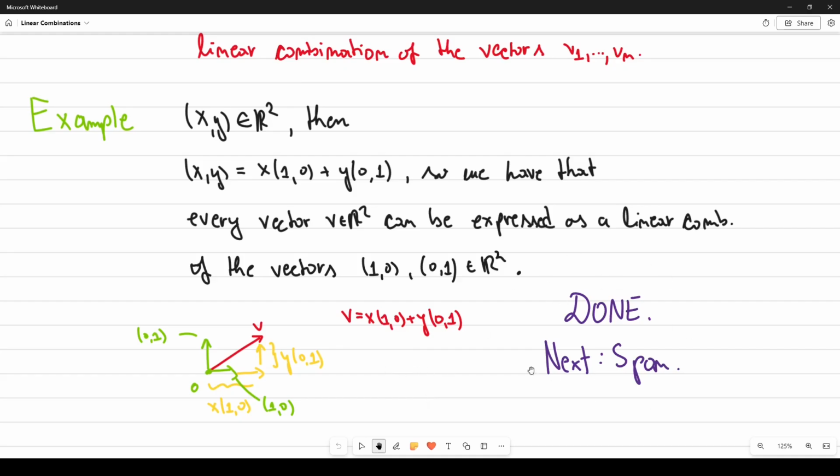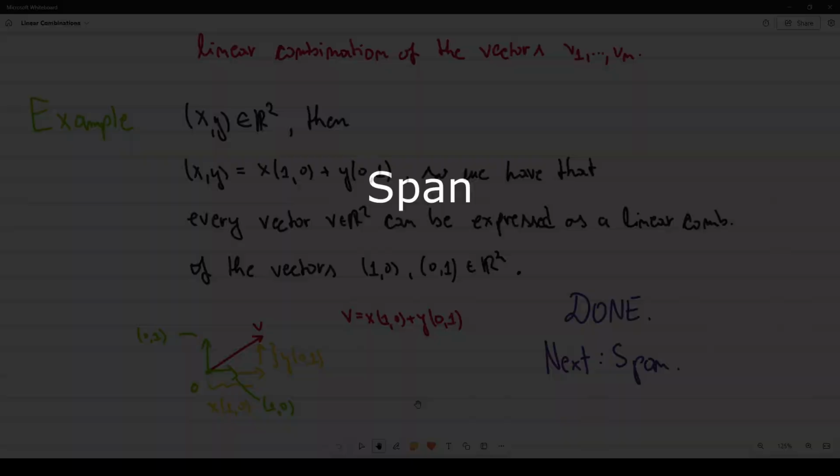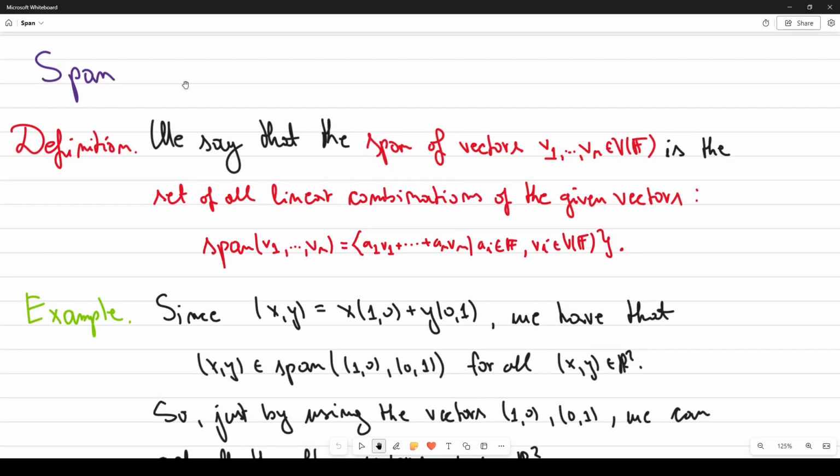Now we can move on to span. Now we move on to the concept of the span of some given vectors. So we give the following definition. We say that the span of vectors v1 to vn is the set of all linear combinations of the given vectors.